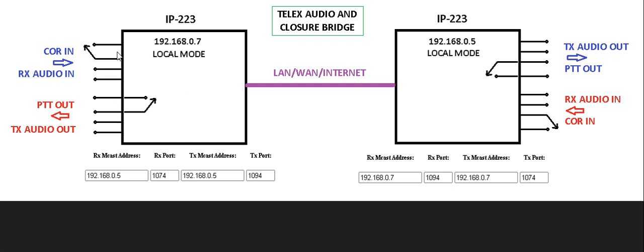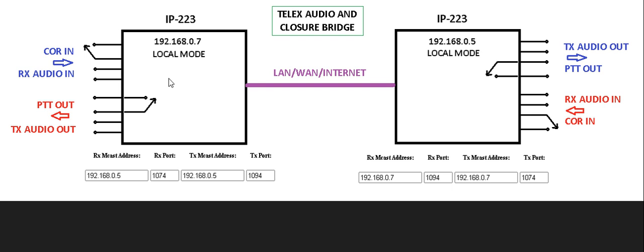On the COR input right here, as soon as this contact is closed, the IP-223 is essentially told, hey, I have audio that I need you to transport now going this way. So it starts creating packets, because everything's based from the radio perspective, it starts generating packets at 1074 going down the line.